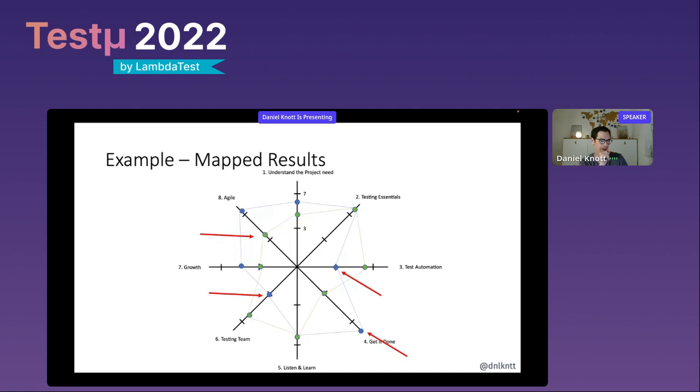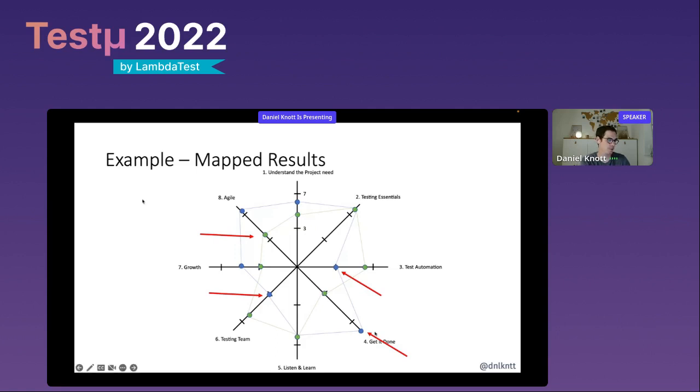It's almost at the same level. Testing essentials, both are clear. Okay, this person knows what he or she is doing. Test automation, completely different. So the team lead thinks, hey, this person knows all about test automation, but the direct report not. Maybe he or she thinks there's more to learn, more support needed, and so forth.